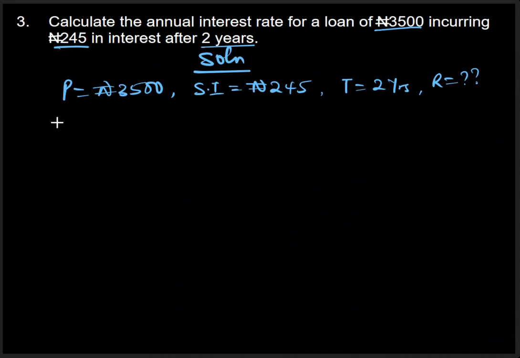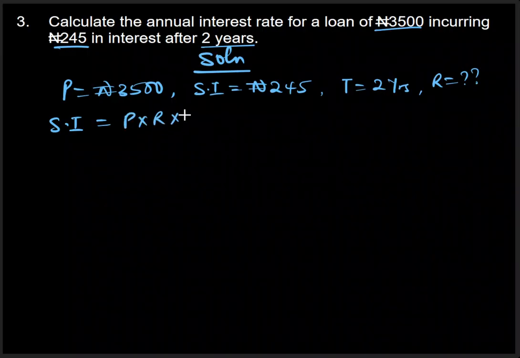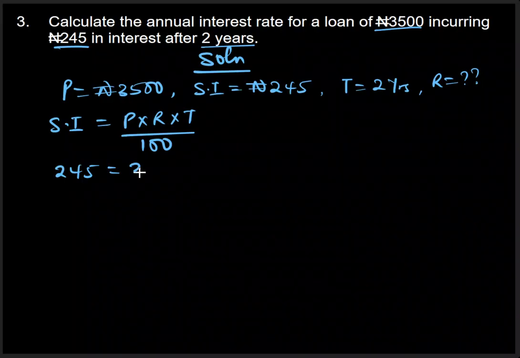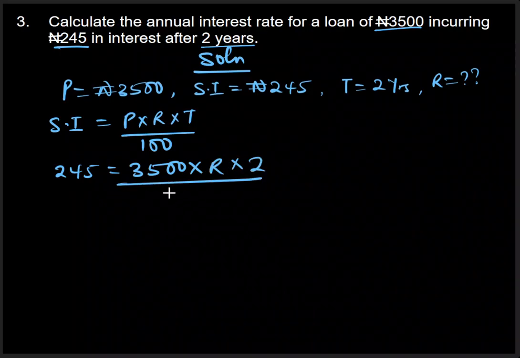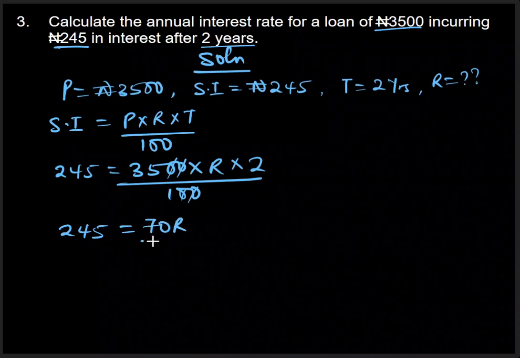All right, so we have simple interest, still the same formula, equal to P times R times T all over 100. So we have 245 equal to our principal is 3,500 times rate is missing, rate times time is 2 all over 100. So these zeros cancel these zeros, and then we are left with 245 equals 35 times 2, that will be 70R, all over 70 all over 70.